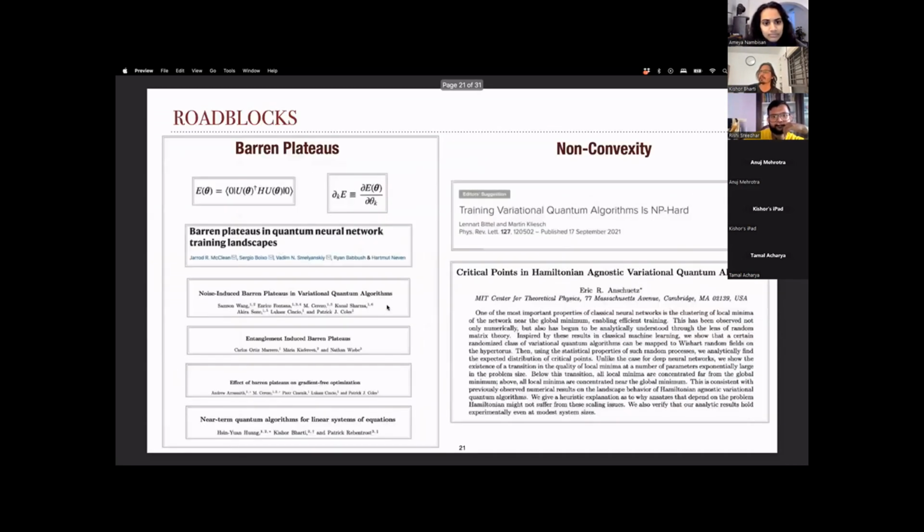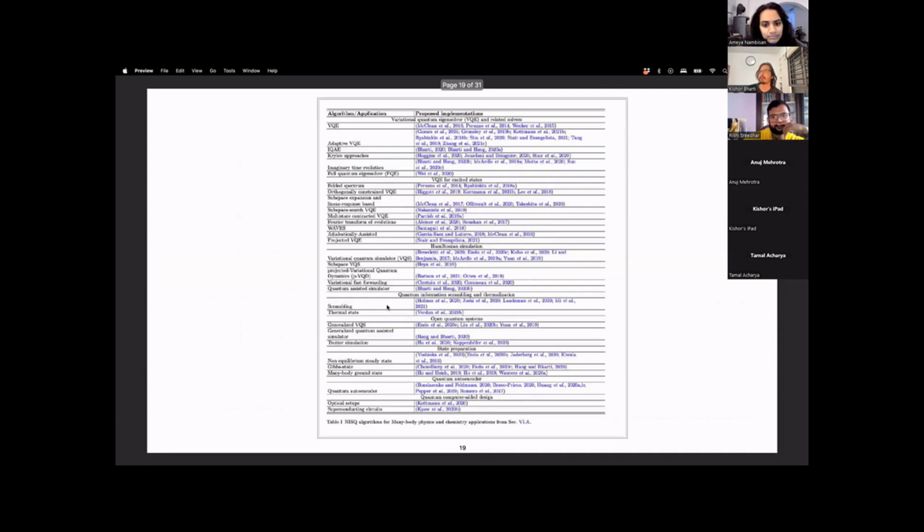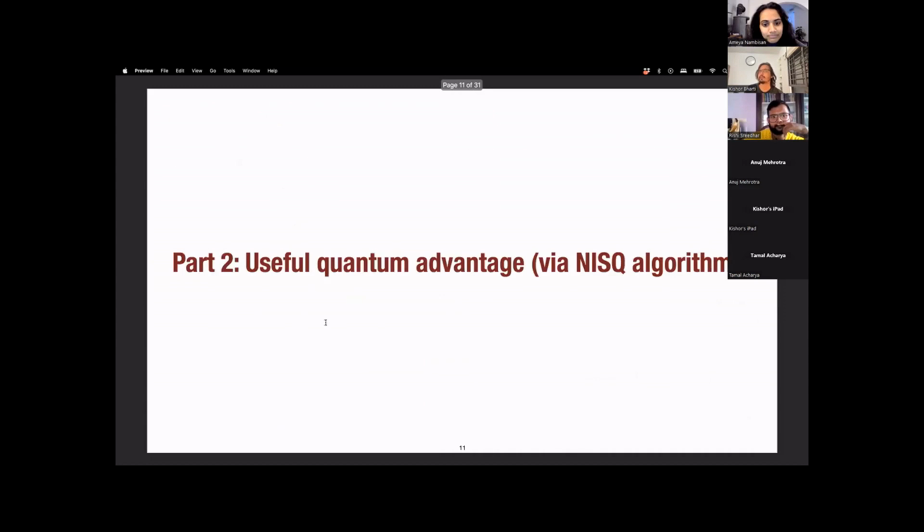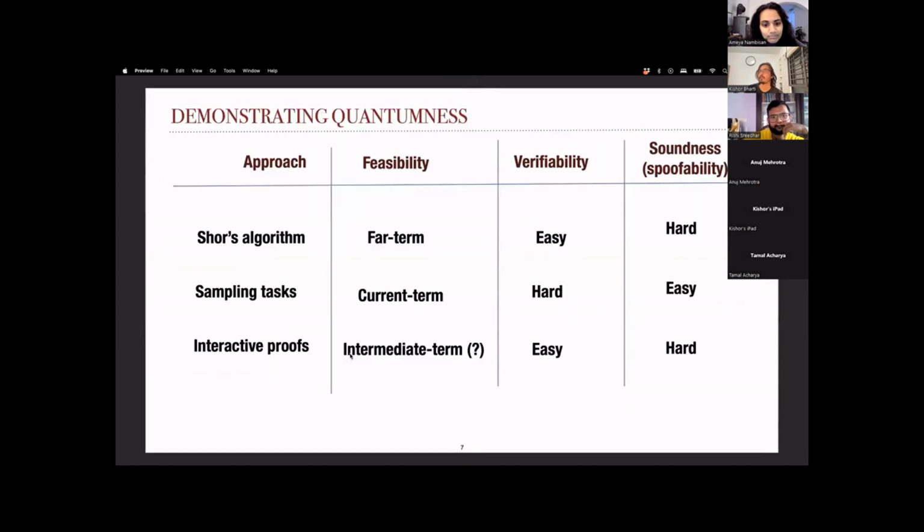And something quite close to my heart is an interactive protocol which can be implemented on current devices. So step by step, if we get this done, then we can think about some useful advantage. And yeah, that's it. Thanks.